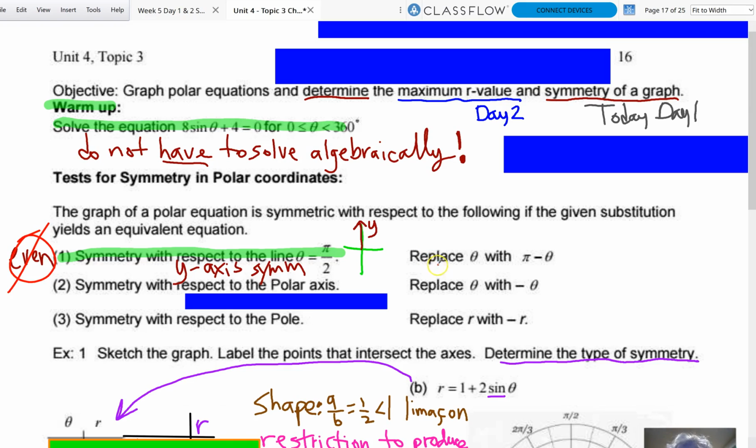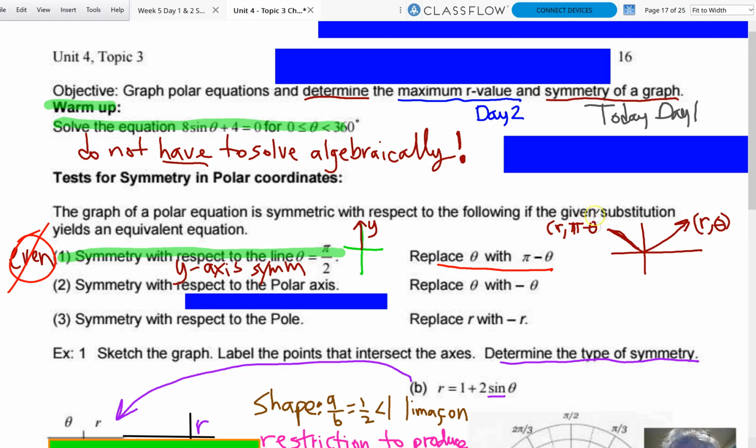Now, when it says replace theta with pi minus theta, it's only telling you this: if in your polar graph you're over here and this point over here is r, theta, then this point over here is going to be, it's not going to be negative r, it's going to still be positive r, but it's going to be pi minus theta.